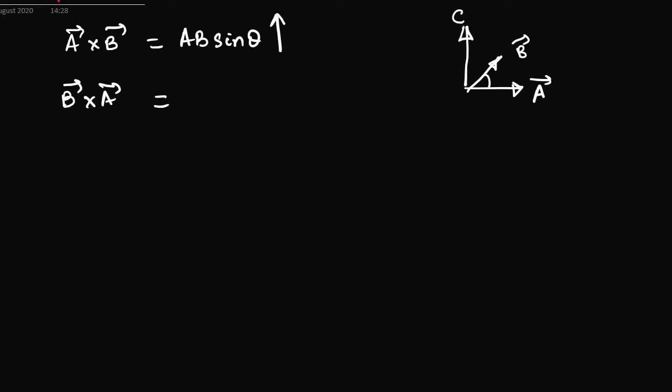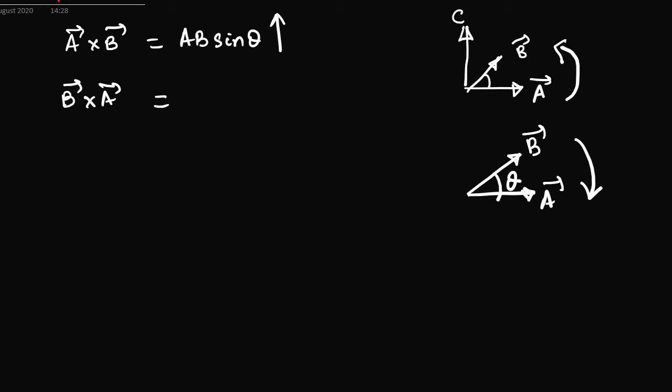In the first case, A cross B, the angle was in this direction and the perpendicular was obviously in the upward direction. Now in the same diagram I am drawing, this is B and this is A and this is the angle between them. The orientation is this side.